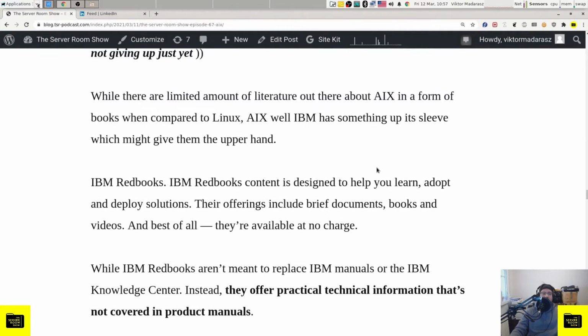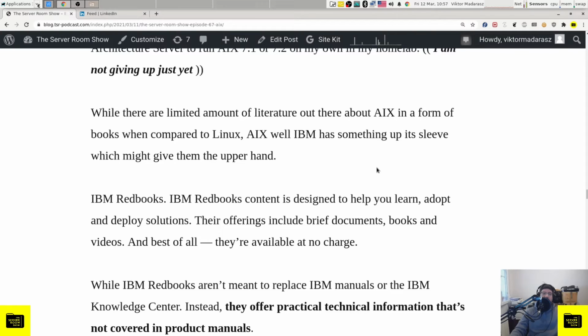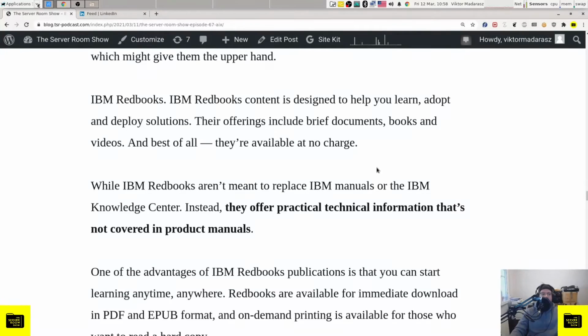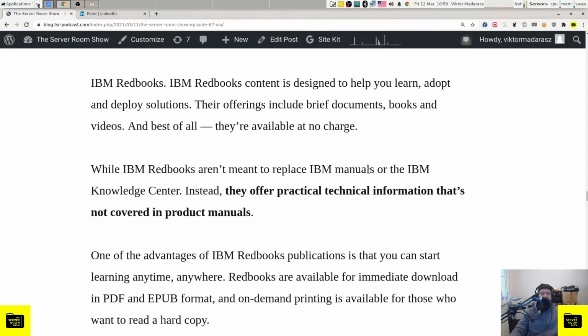IBM has something called the Redbooks, and IBM Redbooks content is designed to help you learn, adopt, and deploy solutions. Their offerings include brief documents, books, and videos. The best of all is that they are available at no charge.